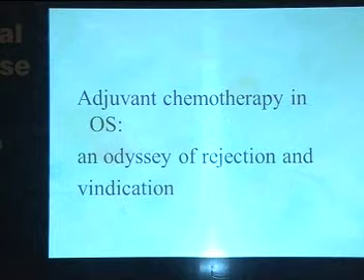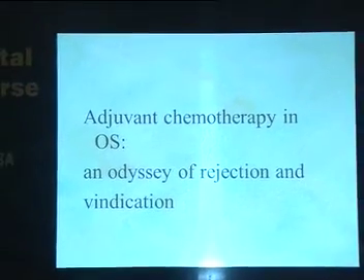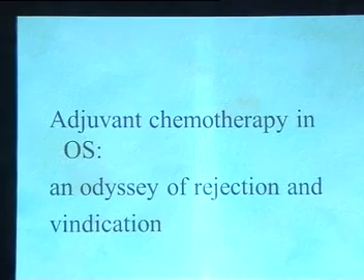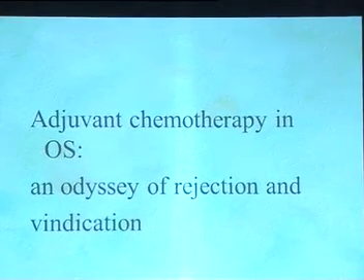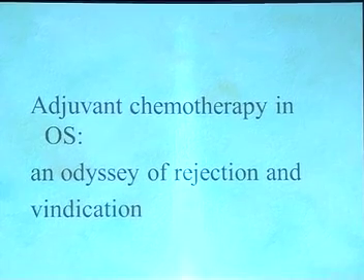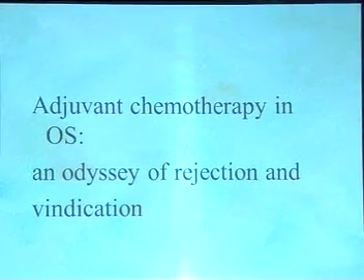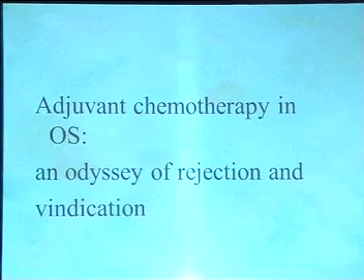Then there was a publication, I believe from Mayo Clinic, which reported that it is not the chemotherapy, it is rather the natural history of the disease that has changed, and that even otherwise the metastatic evolution has gone down.